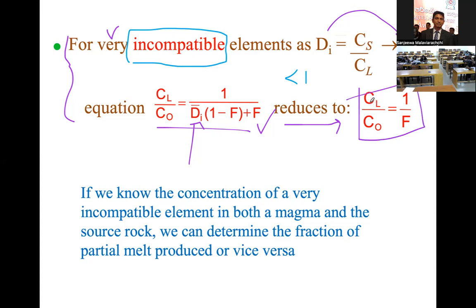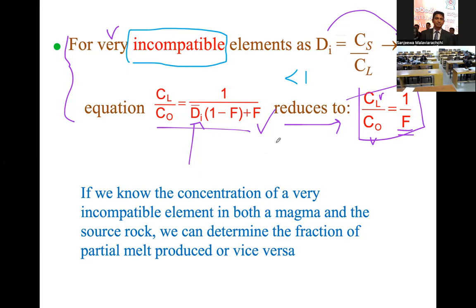That means the concentration of an element in the produced melt, Cl, with respect to its source composition, is exactly equal to 1 over F, the reciprocal of the degree of fraction of melting.